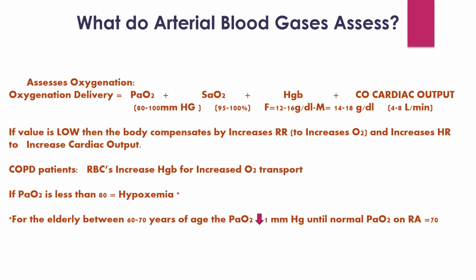If your PaO2 is less than 80, you have hypoxemia. For elderly between ages of 60 to 70, your PaO2 will start to decrease until it normally stays around 70. So as we age, it's not going to be 80 anymore. It's going to be closer to 70, and that will be their normal.